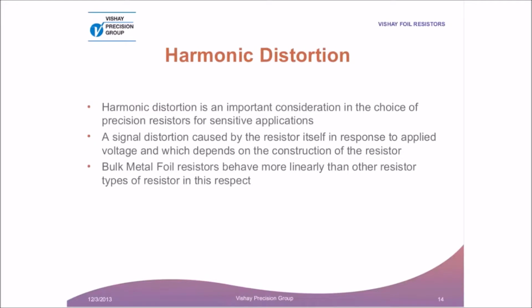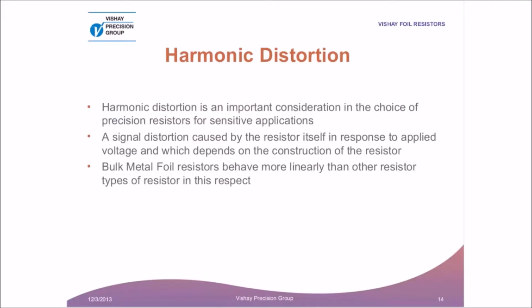Okay, and finally, for the discussion about things to watch out for, if you like, when looking at parameters of power current sense resistors, one is harmonic distortion. Harmonic distortion is a signal distortion caused again by the resistor itself in response to an applied voltage.